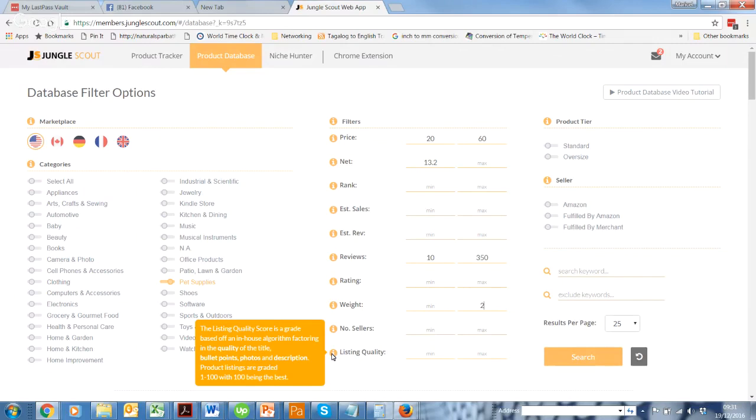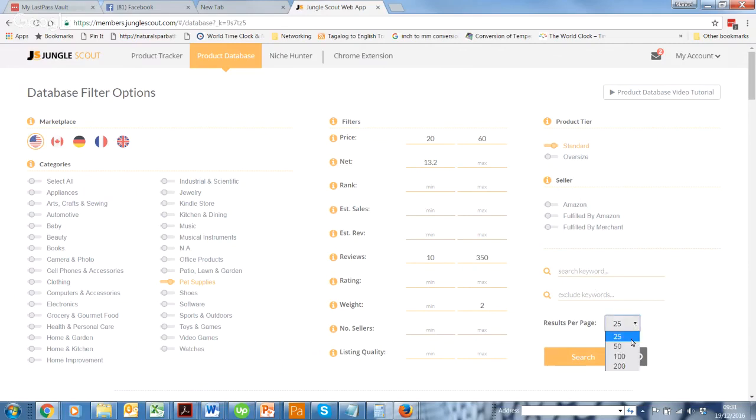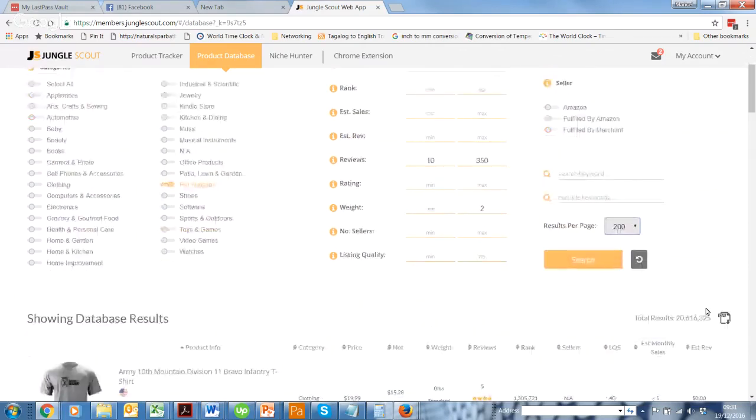I'm going to leave that blank, but we can have a look at that in some of the search results. I'm just going to go with standard size. I'm not worried about who the seller is. Keywords and excluded keywords, I'm going to leave blank, and I'm going to have 200 search results per page. Bearing in mind, I don't know how many searches we're going to come back over.